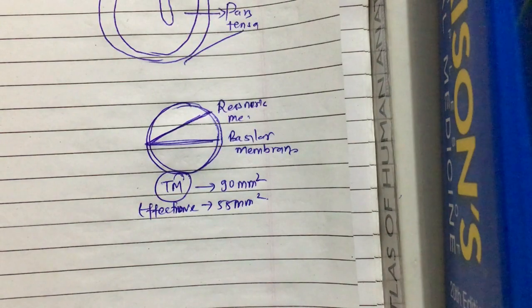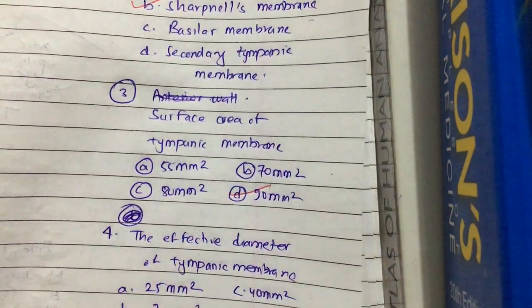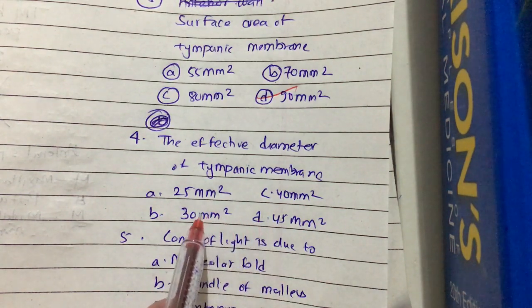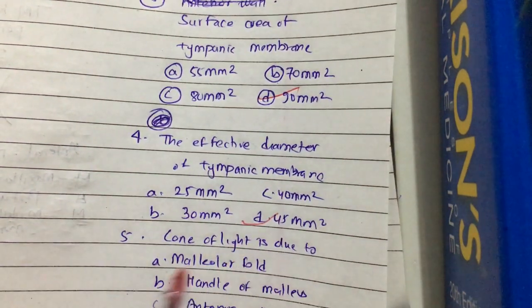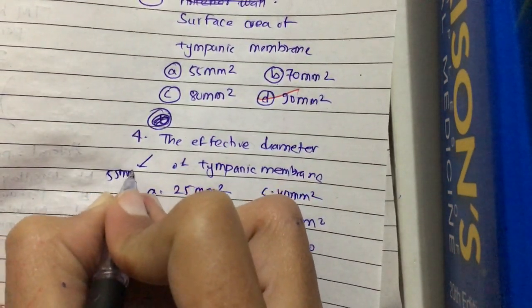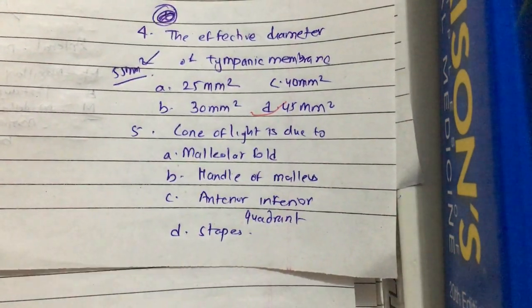Looking at the options, 25, 40, 30 and 45 mm square, we don't have 55 mm square, so the nearest answer is 45 mm square. But the effective area of the tympanic membrane is 55 mm square.